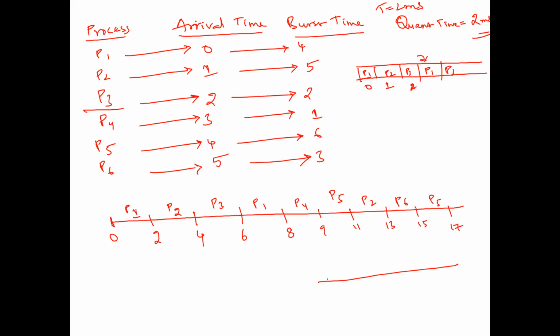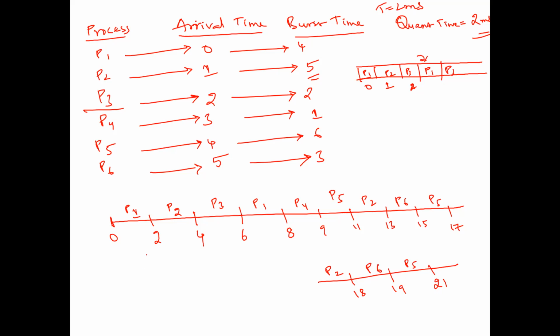Then after that, P2 will come. It will take 1 unit of time, because already 4 units of time are completed and only 1 unit is left. So P2, then P6. P6 also has only 1 unit of time. Then after that, P5 will be there, and it's 21 units of time.